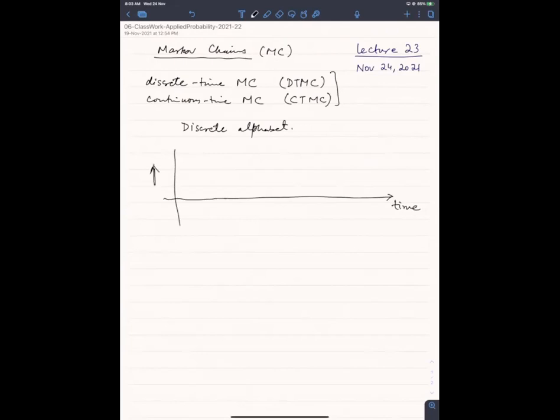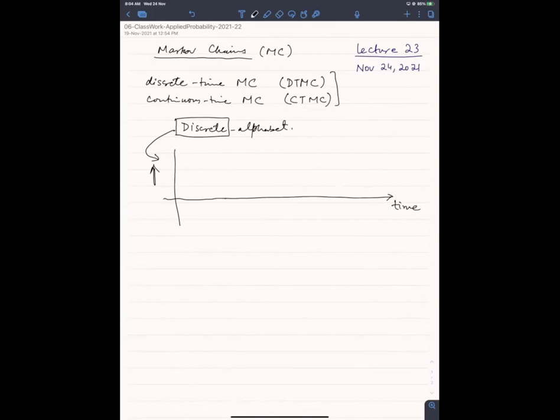And the value of the random process can be discrete or continuous. So on the vertical axis, we are restricting it to be discrete. The Poisson process was a discrete alphabet random process: within a given time, how many arrivals you have, that was a count. So a discrete number there.